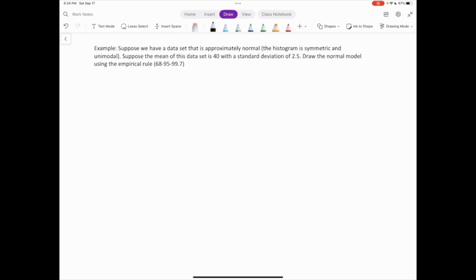Okay, so in order to do that, let's draw this out here. I have my horizontal axis there. Since it's a normal distribution, I'm going to draw my normal curve, let's do it in black. It's that bell shape or mound shape distribution, and these tails, remember, they extend infinitely on.